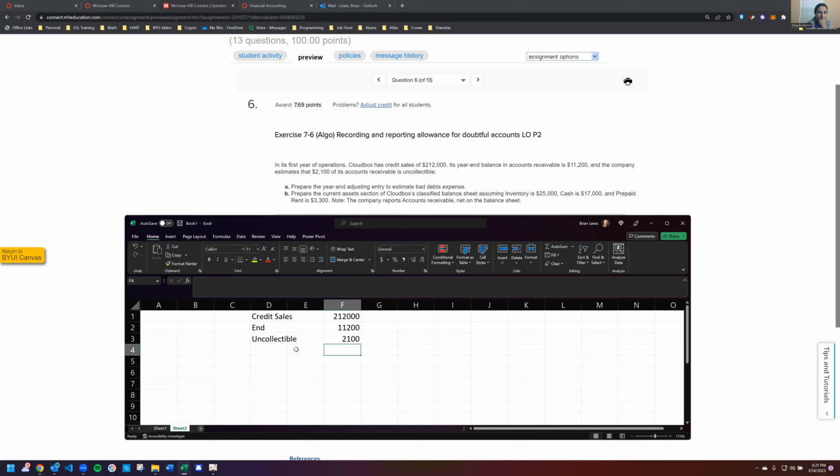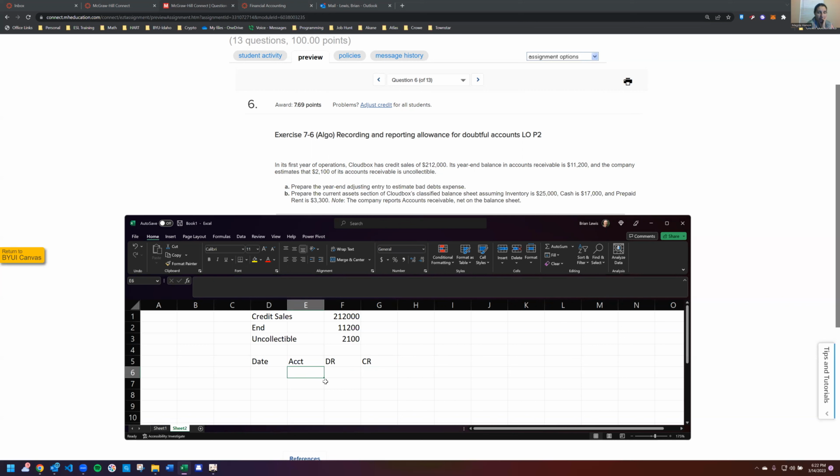Okay, well, all things being equal, they don't tell me that there's a current balance in uncollectible, so I have to assume that the balance in uncollectible is 0. Right? That's what I have to assume. So, you usually have a date, an account, a debit, and a credit.